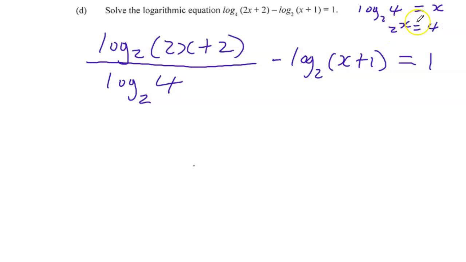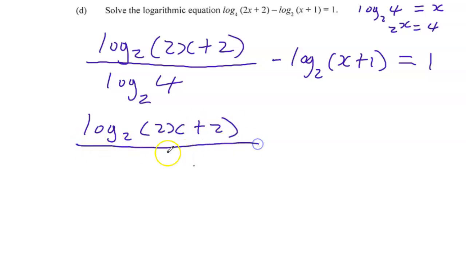So 2 to what power gives you 4? 2. So x is 2. So log 2 base 4 is 2. So this can be rewritten as log base 2 of 2x plus 2, upon 2, since log 4 base 2 is 2, minus log base 2 of x plus 1, equal to 1.